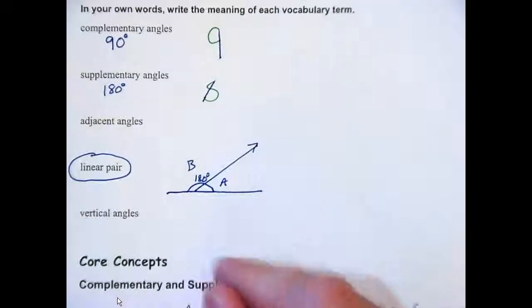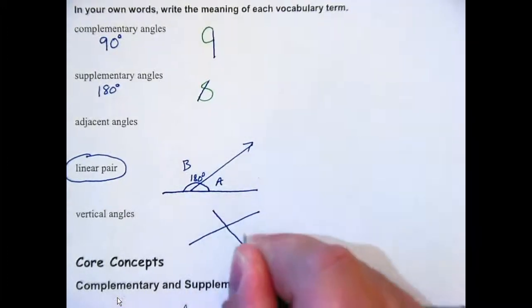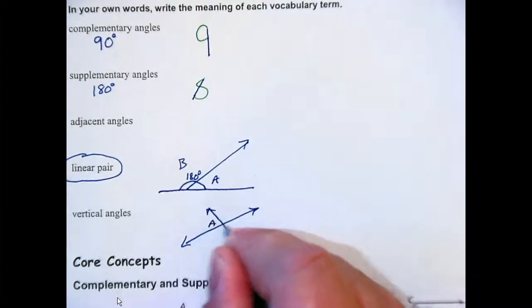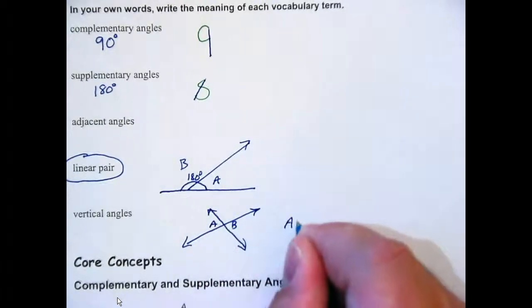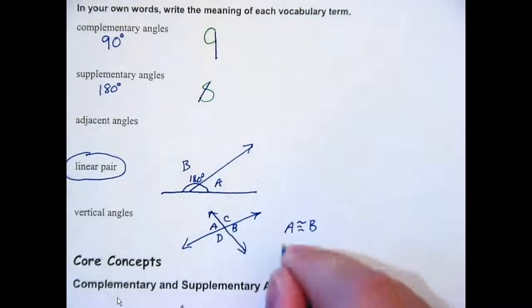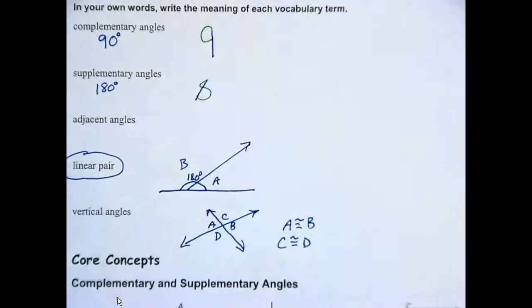Vertical angles, remember vertical angles, draw your little picture. Anytime you make two lines intersect, you form two pairs of vertical angles. If we called that A and B, A would be congruent to B. If we called that C and D, C would be congruent to D. All right.